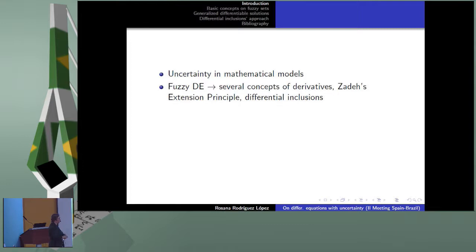Since then, many research lines have been developed using fuzzy sets in different contexts. Of course, at the University of Cádiz there are groups working on this topic, and many other groups in Spain, also Brazilian groups, working with this kind of tools and equations.